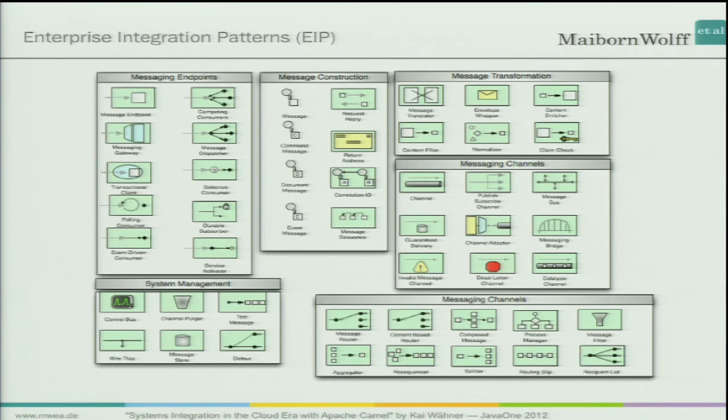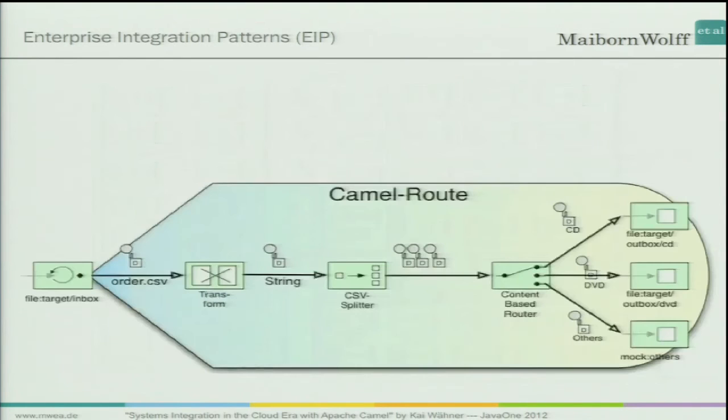You can see here, for example, several of these enterprise integration patterns. There's a splitter, a translator, and a content-based router. Probably you have heard of many of these patterns. You can use them to take your complex integration problem and divide it into many smaller parts, as you can see in this example.